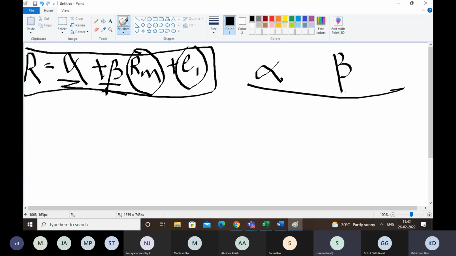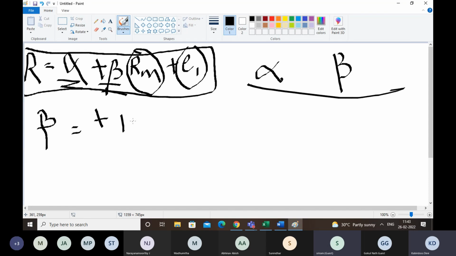Now the interpretation of beta. See, what is the beta of this particular company stock? Beta is 1.19. Now you can know the interpretation. Whenever the beta is 1, it means that a 1% change in market return causes exactly a 1% change in the stock return.